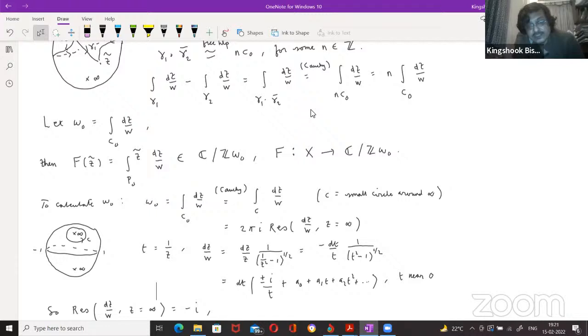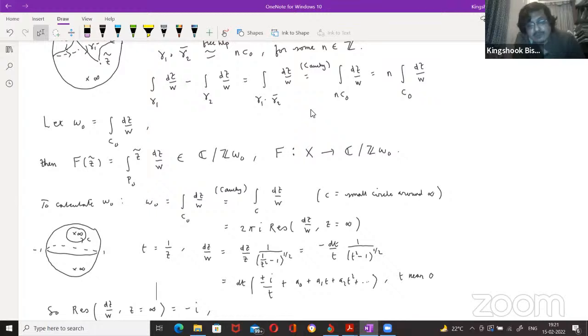And this 1 over z squared minus 1 becomes t squared minus 1 to the half. So now you use the power series expansion for t squared minus 1 to the half, and you have this 1 over t outside, minus 1 over t. So what you'll get is dt times a Laurent series, which starts with plus or minus i over t, and then you have holomorphic terms, constant and then positive powers of t. So that means the residue is plus or minus i.